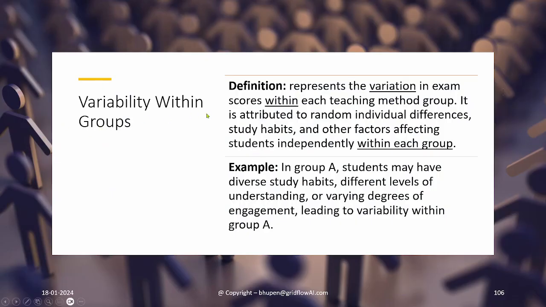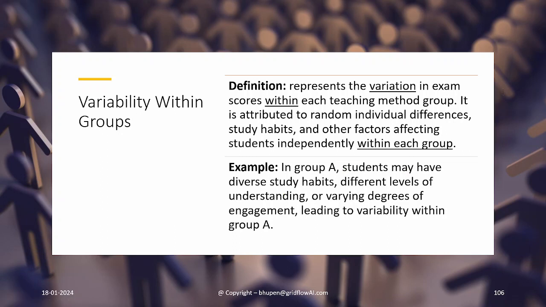So variability within the group represents the variation in the exam score within each of the teaching methods, like let's say A, B, C. And why do we do so? Let's try to understand the intuition behind the variability within the group. For example, in group A, students may have different study habits.